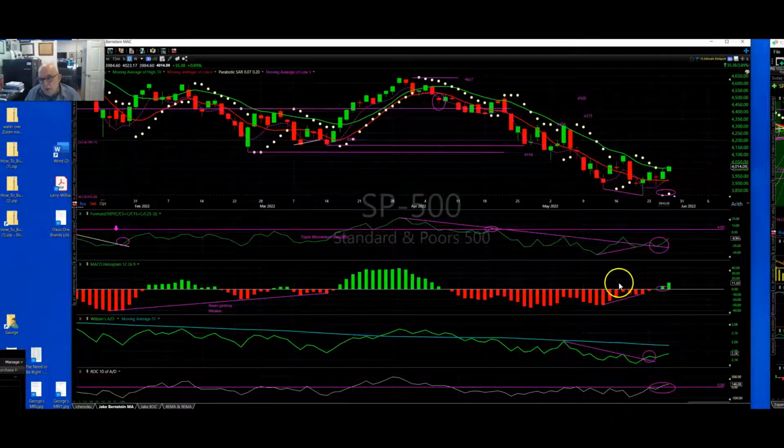But we didn't get a classic divergence because we didn't get a green histogram bar up here telling us that this market had a false breakout. However, we could see that when the market made a lower low here on a hammer, hammering out a bottom, MACD made a higher low. So in some limited sense, we have a divergence here.